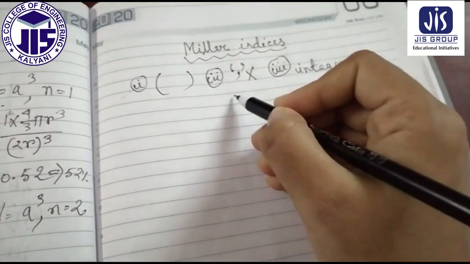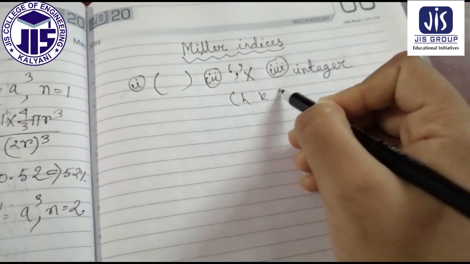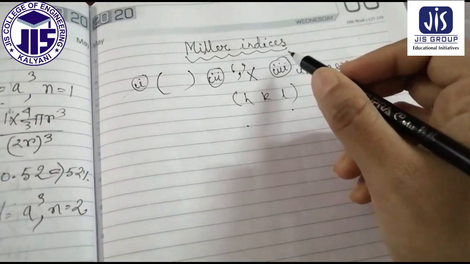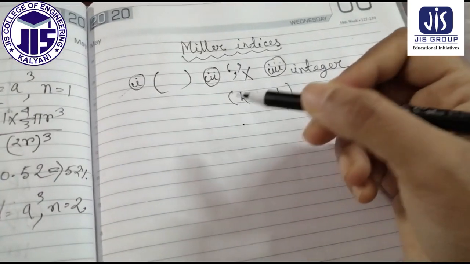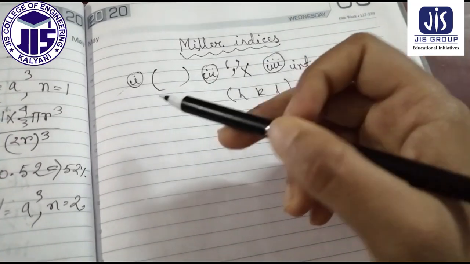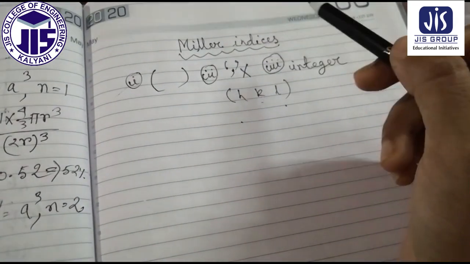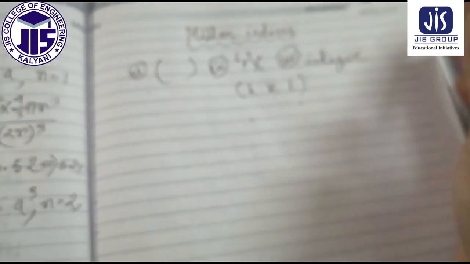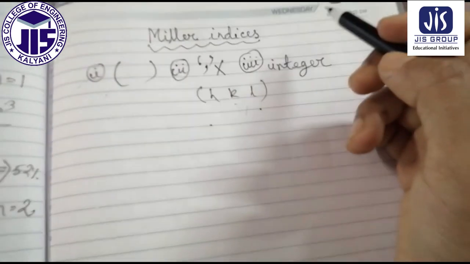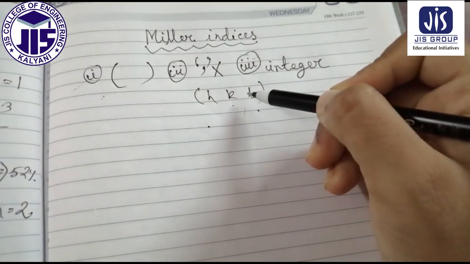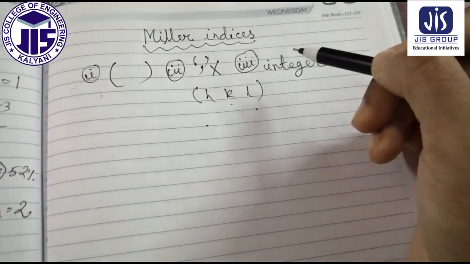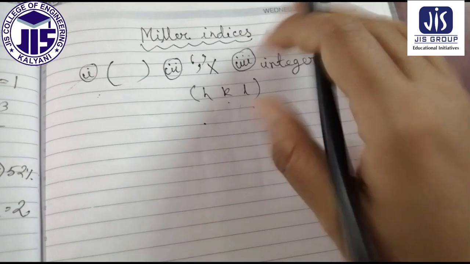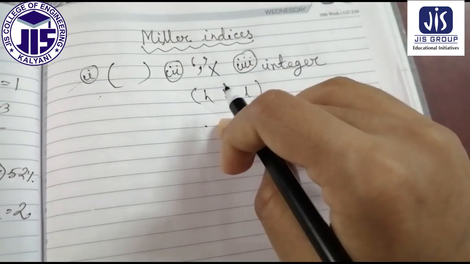Now, HKL can be called Miller indices if it satisfies the conditions. The first condition, it is written in first brackets. Second condition, there is no comma between them. Third condition, there are integers between them. So that means we can call them Miller indices.